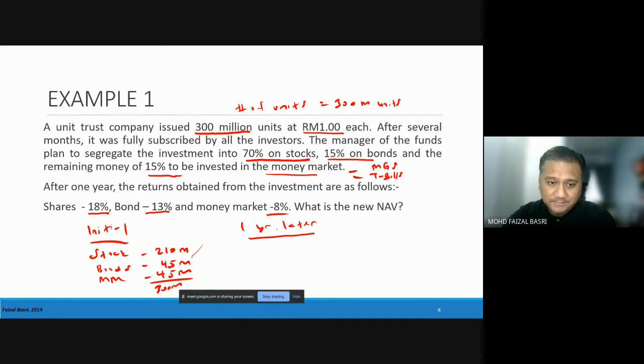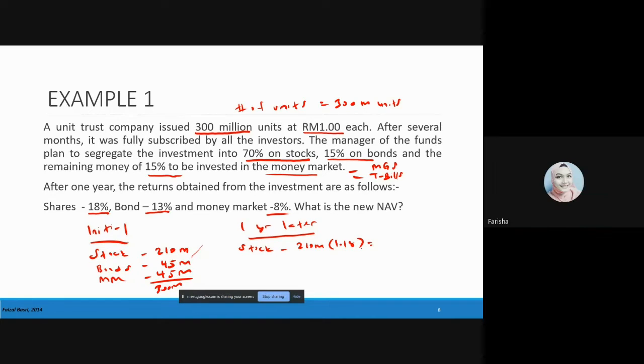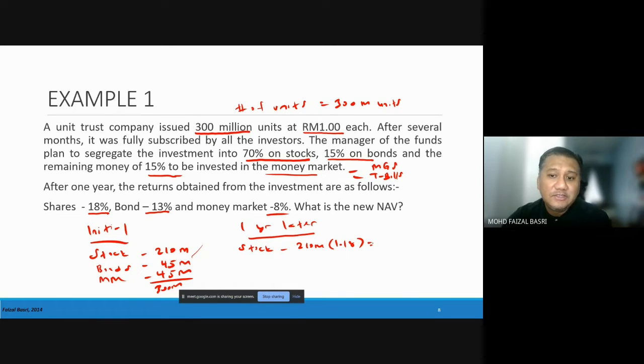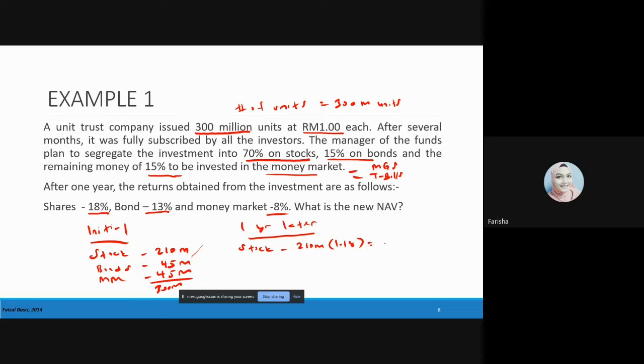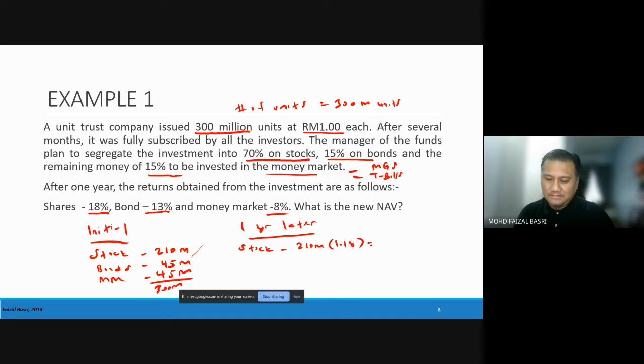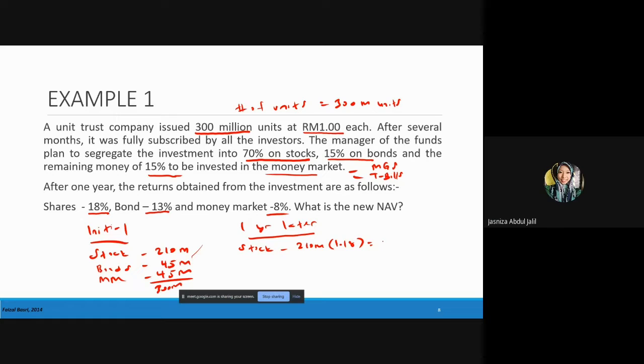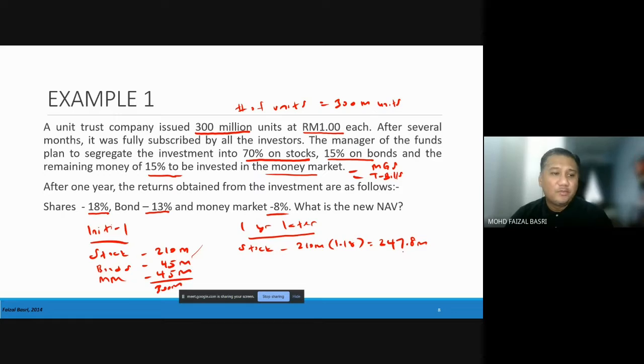So this 210 million stock ni, dia dapat returns 18%. 37,800. Okay, itu dia punya return lah, campur dengan original 210. Okay, 247.8.